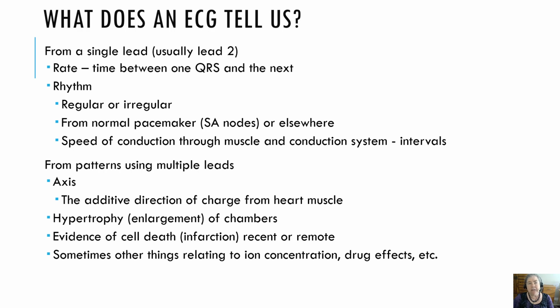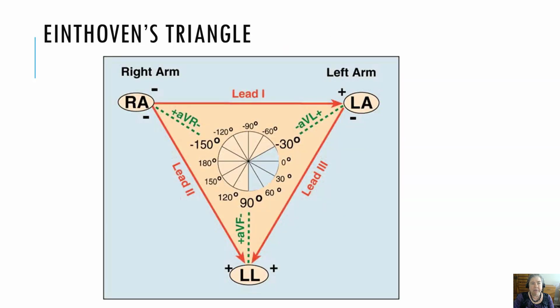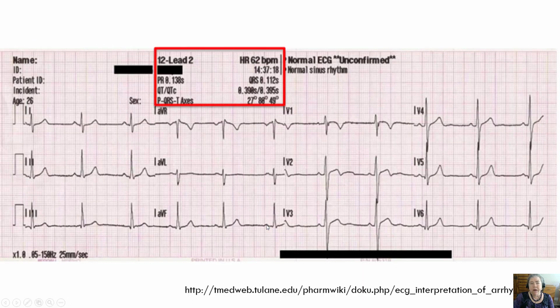Lead 2 is this lead from the right arm to the left leg, from the top to the bottom, from a negative to a positive, because we often get a very clear, normal looking EKG in lead 2 with a P wave, a QRS complex, and a T wave.